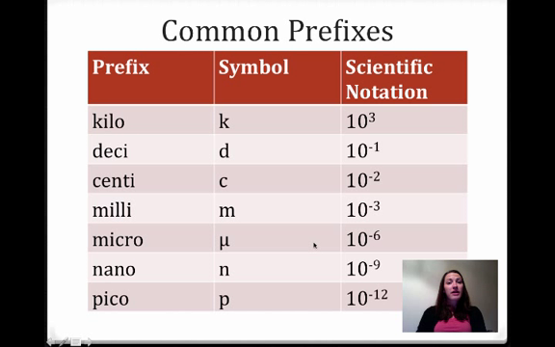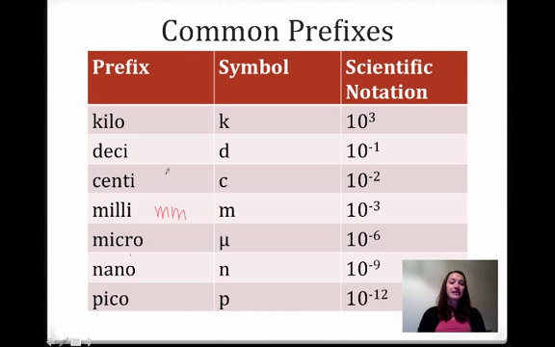All right, so the last part about scientific notation is that sometimes we talk about things in different language in chemistry. So we've got some prefixes. You probably have heard of these before. A centimeter, right? A millimeter. So we use these prefixes here, K, D, C, to represent those prefixes. Okay, so a milli is M, so a millimeter would be this.